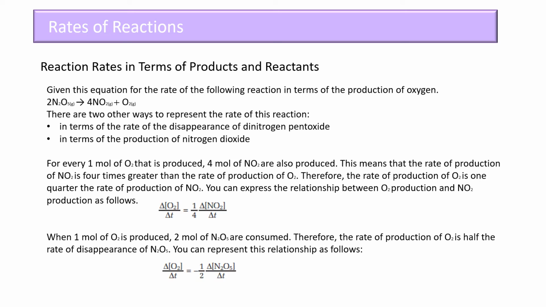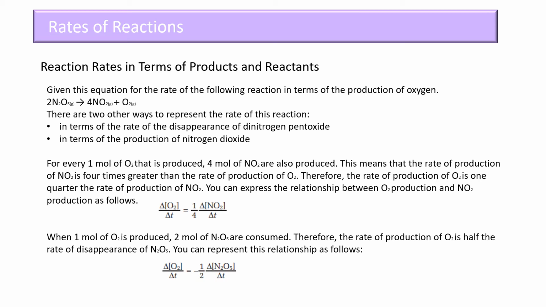You can express this relationship as follows: the change in concentration of O2 divided by the change in time is equal to 1/4 times the change in concentration of nitrogen dioxide divided by the change in time.